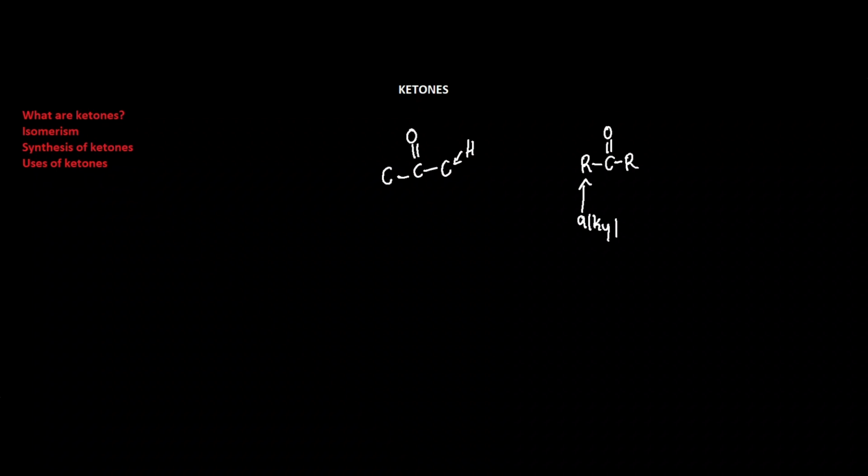Okay, so let's take a look at isomerism in ketones. For this video, we'll be considering functional isomerism. Now, ketones exhibit functional isomerism with aldehydes. And functional isomerism is simply the existence of compounds with the same molecular formula but which belong to different homologous series.